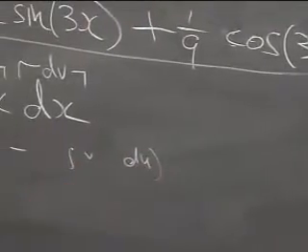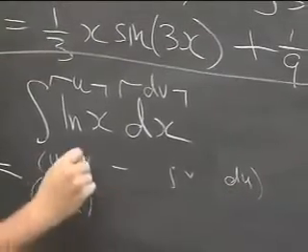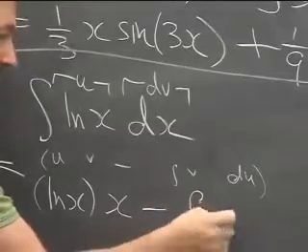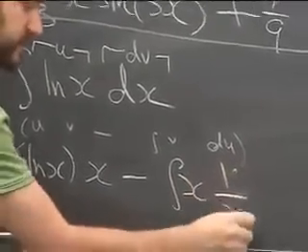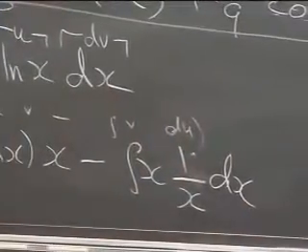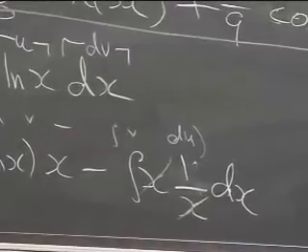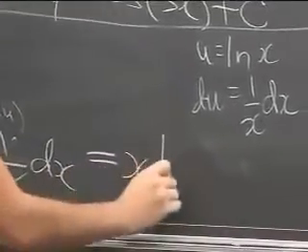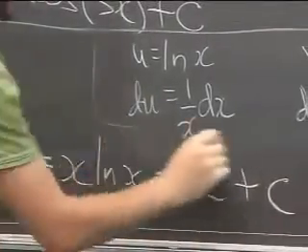This is just working. u is log x, v is x, minus the integral, v is x, and du is 1 over x dx. And in this case, the x and the 1 over x cancel, and you end up with just the integral of 1, which is x. So it's x log x minus x plus a constant.